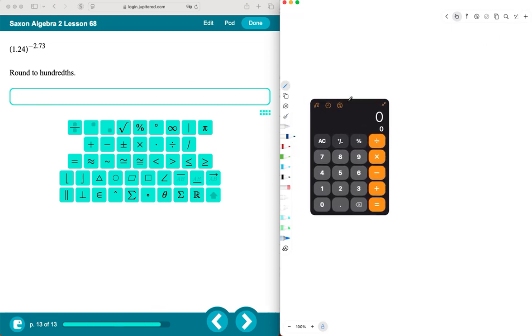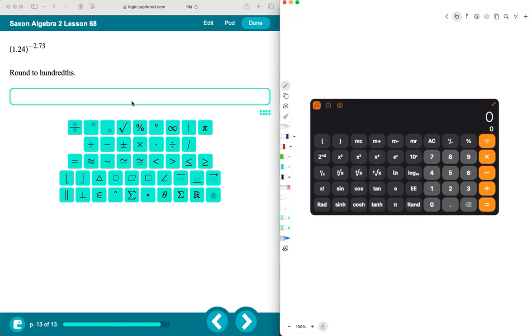All right, again, we just need a calculator for this. Last problem, woohoo! So this one is any base with any exponent, x to the y. So I'm going to type in my base first, 1.24, hit this button, and then I'm going to type in my 2.73 and make it negative. That's my index, or my exponent, I should say.